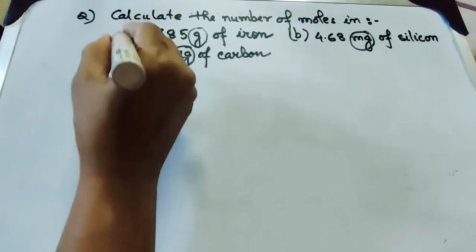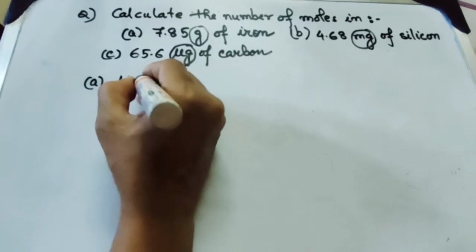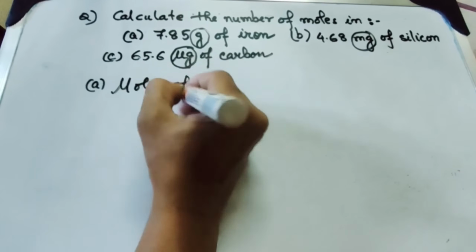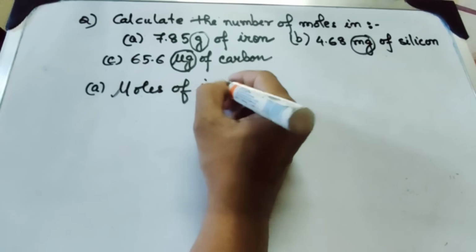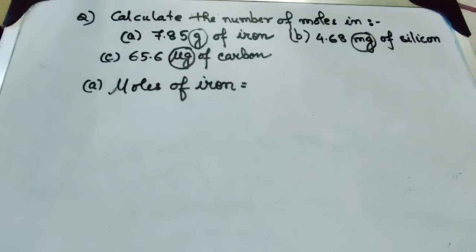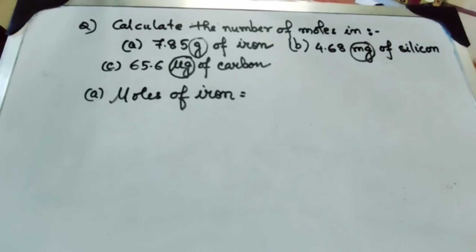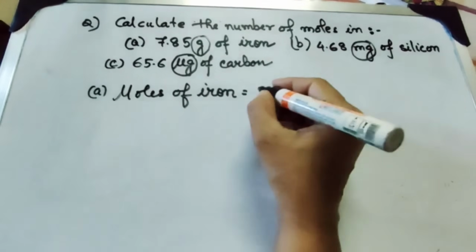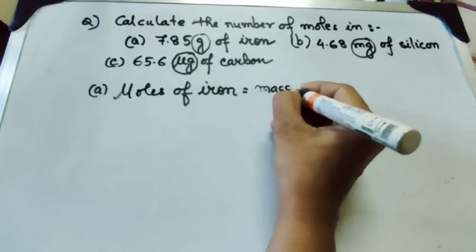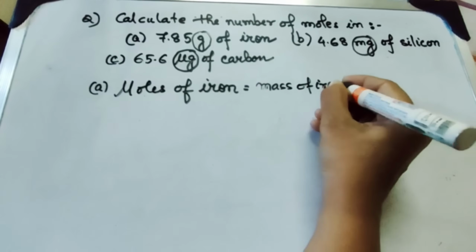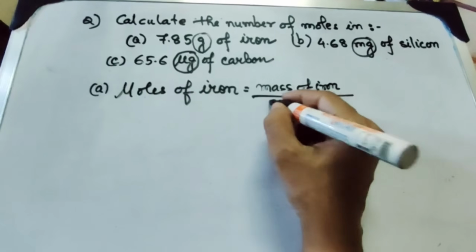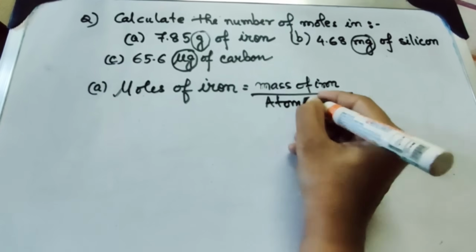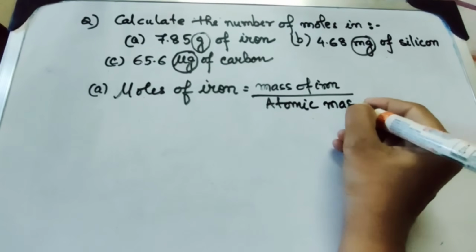Suppose for the first one, we are finding the moles of iron. Number of moles will be equal to the mass of iron divided by the atomic mass of iron. This is applicable for all other elements.